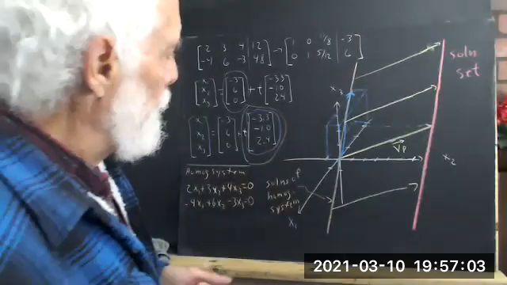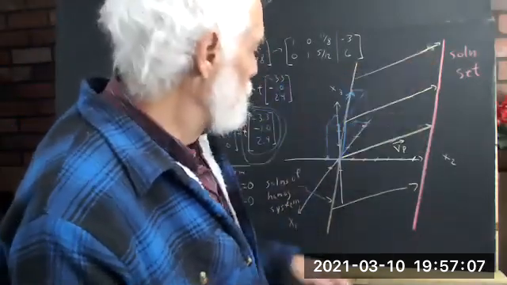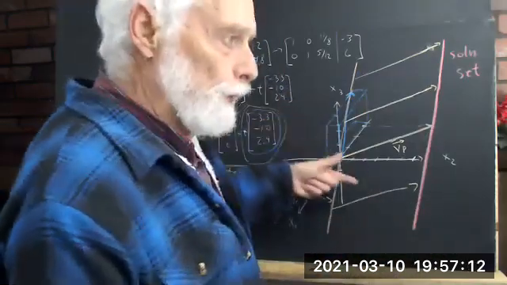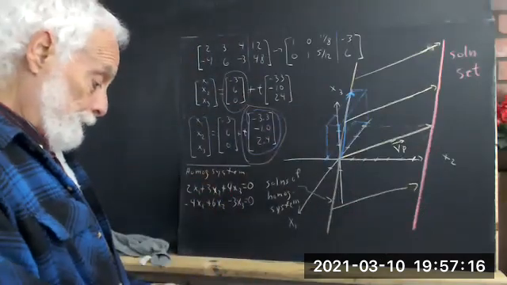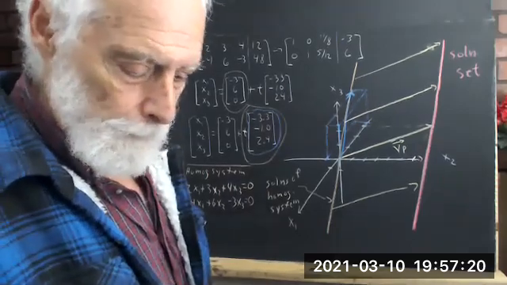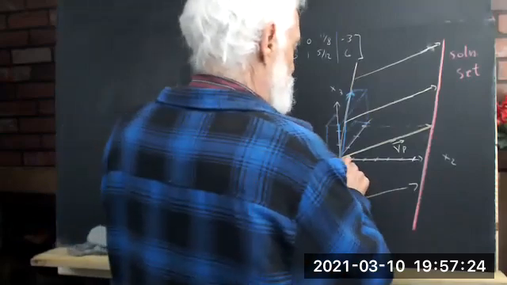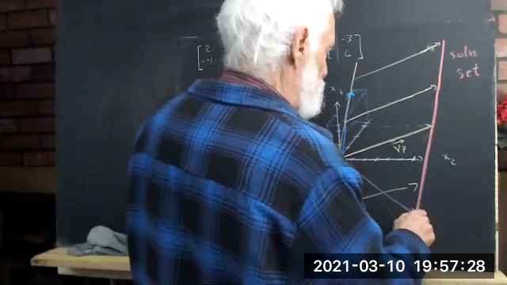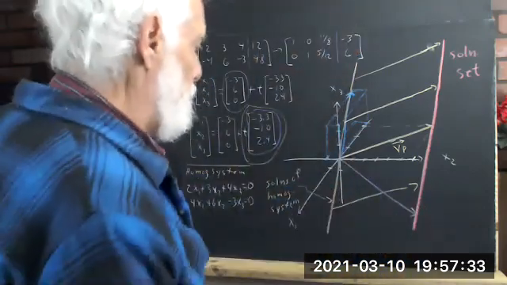Meaning any vector from the origin out to this red line is a representation of a solution. The coordinates of that vector will be a solution to our original equations. So if I sketch this vector, it's a solution.